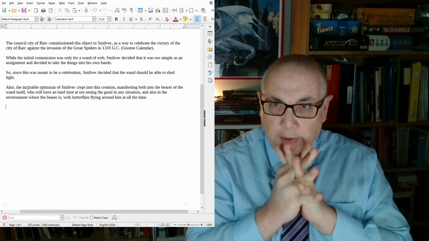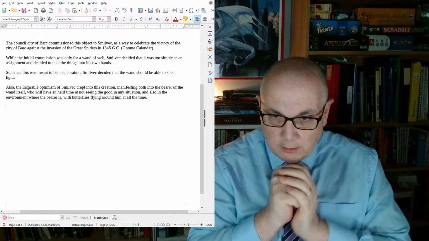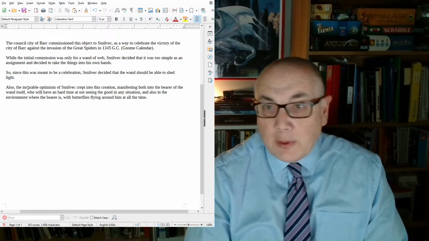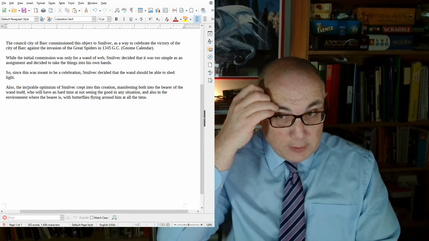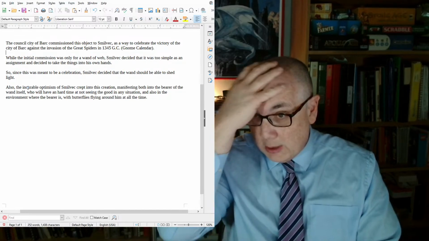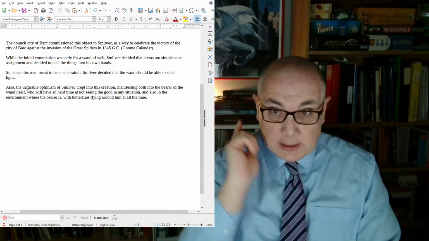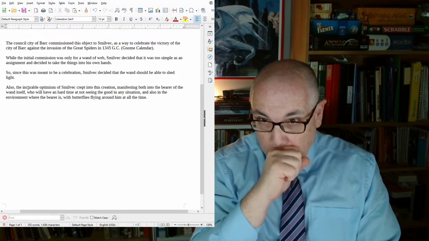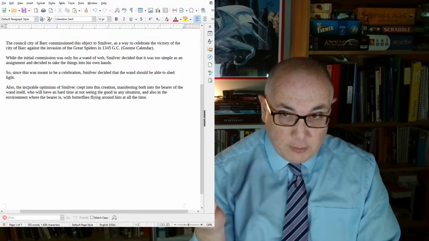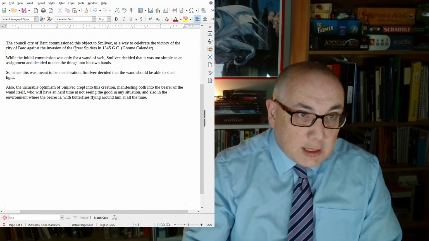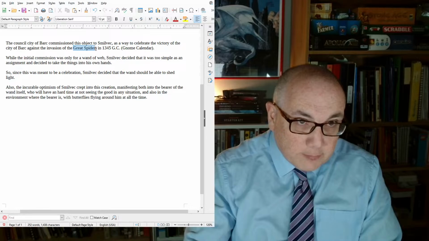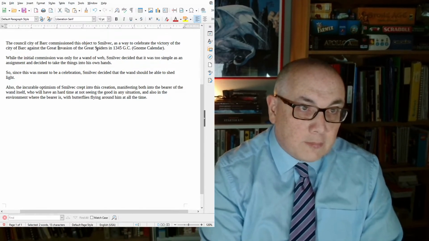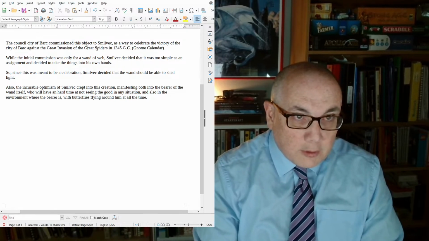Okay, now I'm thinking, I don't think that a wand of web would be a reasonable object to celebrate something against spiders. I would say, since these are gnomes, one usual enemy of gnomes are goblins. So I would say the invasion of the goblins, the great invasion. The goblins.